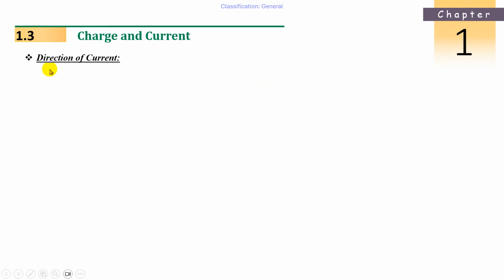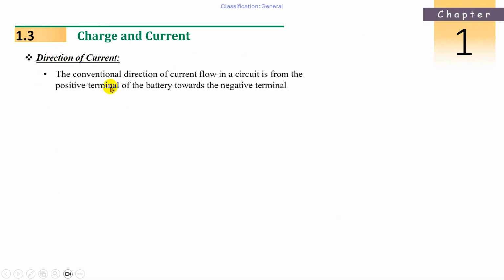Okay. Now, direction of current. How is the direction of current defined? I said it is positive and negative in AC, and constant in DC, but that is the movement of charge. Now the current: the conventional direction of current flow in an electric circuit is from the positive terminal of the battery towards the negative terminal. I told you that when you connect a battery to a conductor in a closed circuit, the negative electrons will move towards the positive terminal of the battery.